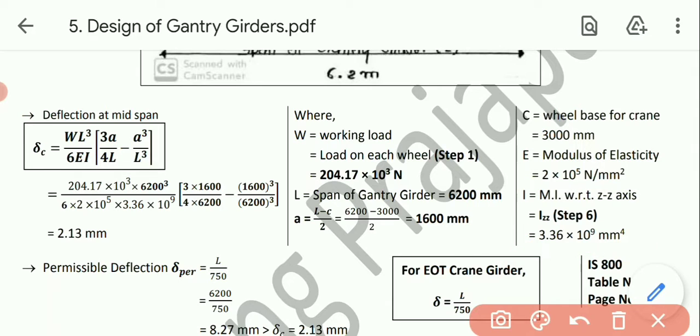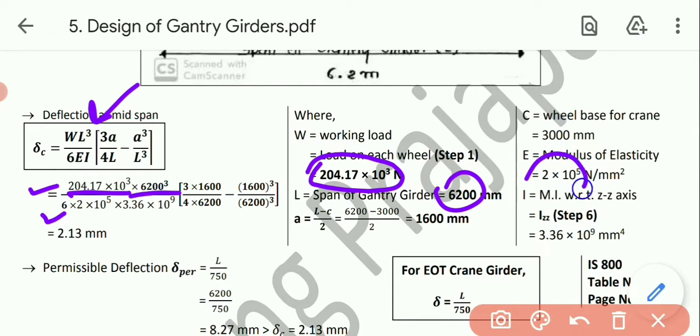Now let's put all these values in this formula. So W, 201.17 into 10 raised to 3. L, that is 6200, divided by 6. E, that is 2 into 10 raised to 5. I, that is 3.36 into 10 raised to 9.